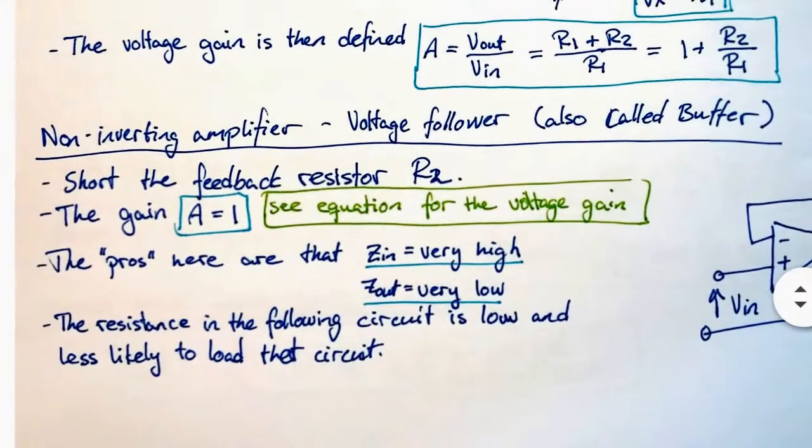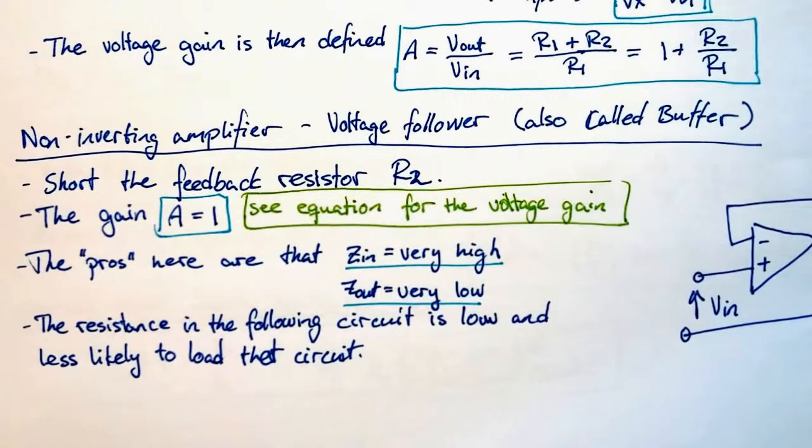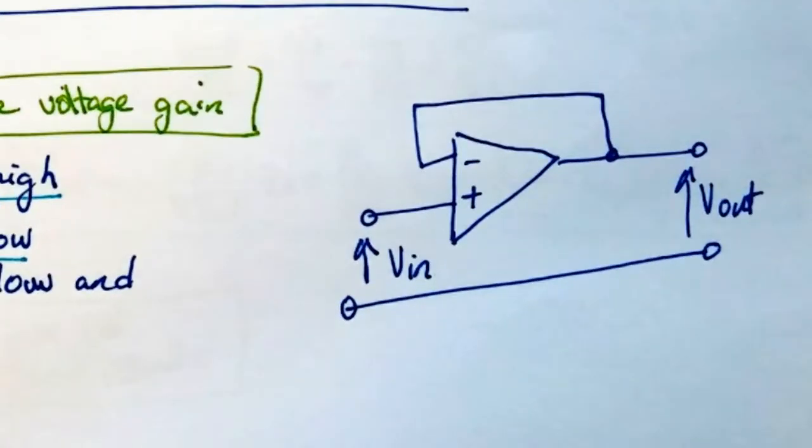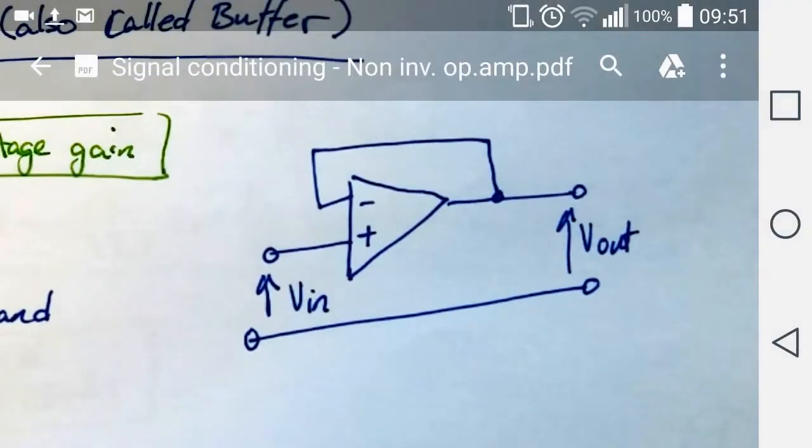Now, if we take the special case of the non-inverting amplifier, which is also called voltage follower or a buffer, it is where we have shorted the feedback resistor R2, and the inverting input is not connected to the ground, like this.